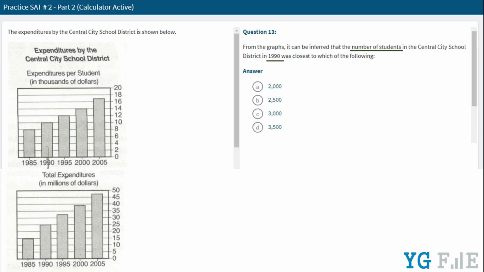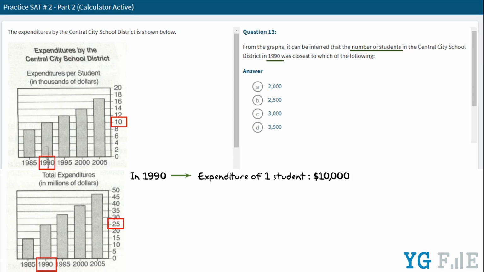Since we just want to calculate the number of students in 1990, we just need to look at the graphs in 1990. From the first graph, in 1990, the expenditure of one student is $10,000. And from the second graph, in 1990, the total expenditures of the Central City School District is $25 million.